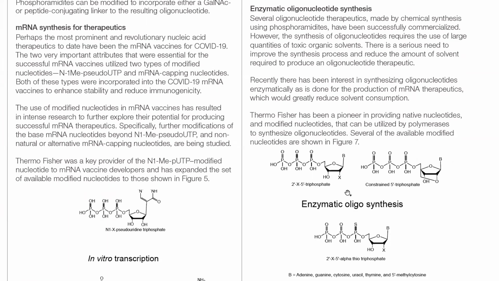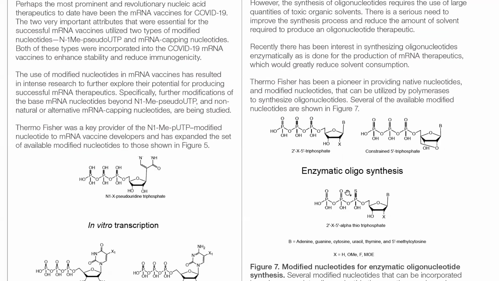Finally, we're going to address enzymatic synthesis. So the chemical synthesis of oligonucleotides requires large quantities of solvents and toxic organic molecules, and there is a great need for greener and novel methods of oligonucleotide synthesis.